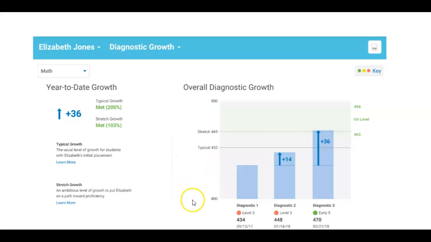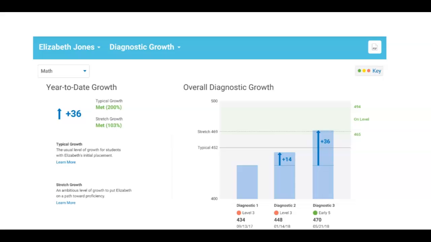So for example, if your child enters on grade level, then the typical growth is much less than what is expected of a child who enters below grade level. This is to ensure that the child has full opportunity to grow and catch up to where they can reach grade level by the end of the year.